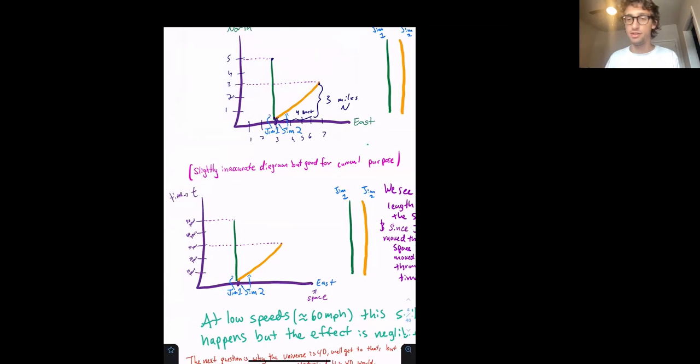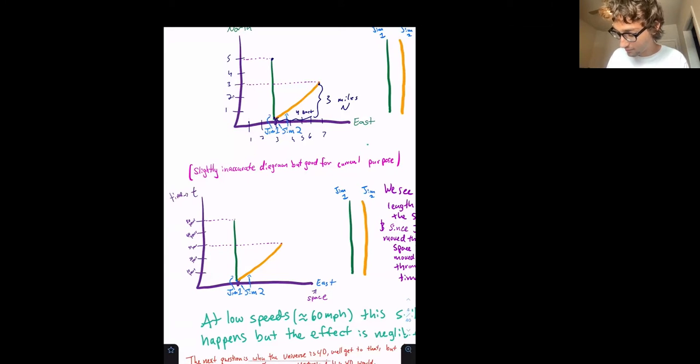Let's say they're moving extremely fast, close to the speed of light, about 18 million miles per hour. Twin 2 keeps moving in the east direction.